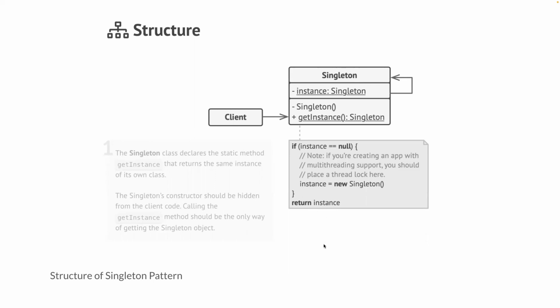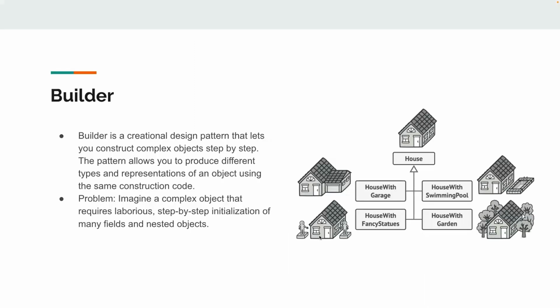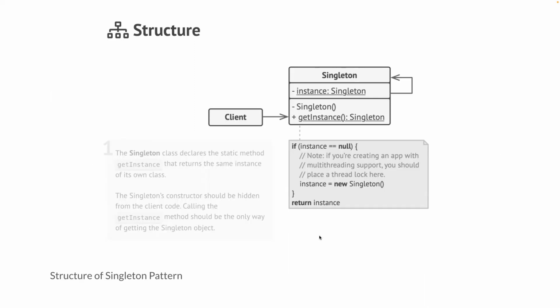This ensures that we only have one instance created throughout our application, however many classes are calling it. You should use it when your class should have only a single instance available to all the clients, such as I mentioned, a single database object shared by different parts of the program.